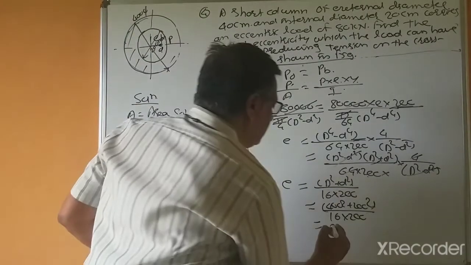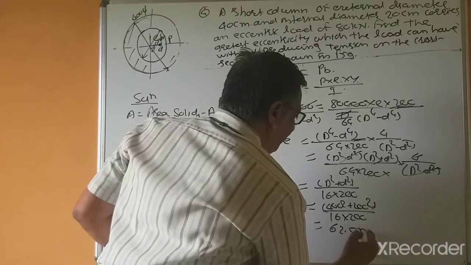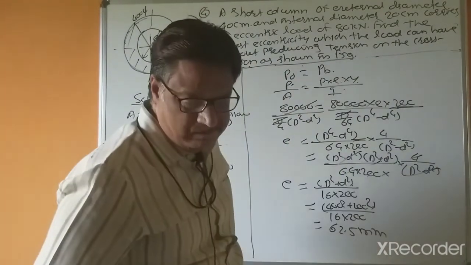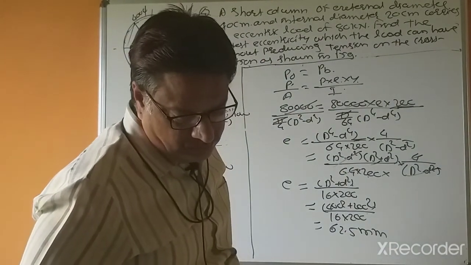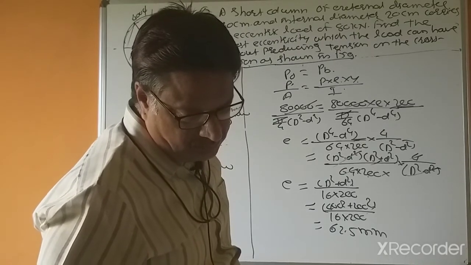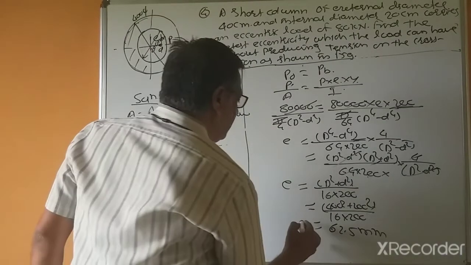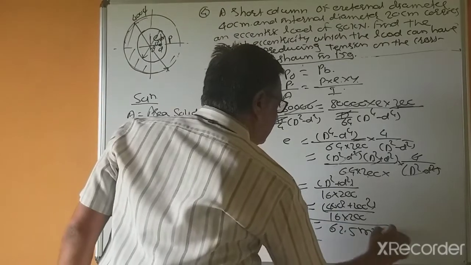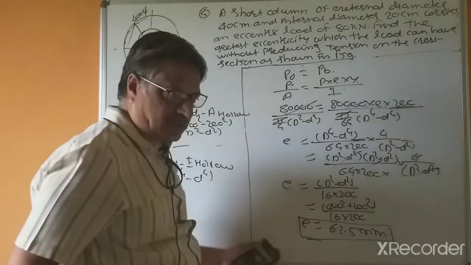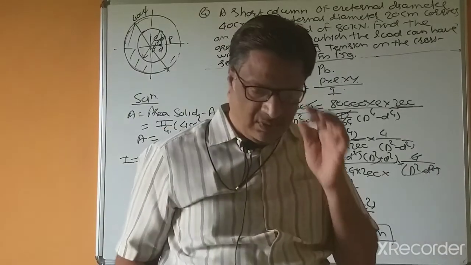This is the greatest eccentricity. Now this is equal to 62.5. And this is your expected answer.